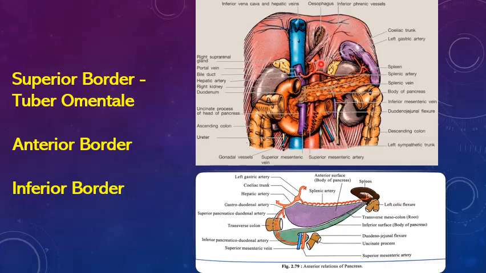From the abdominal aorta, this is the celiac artery, and from there on the right side we will see the hepatic artery, and on the left side we will see the splenic artery. So these are related to the superior border, and the anterior border is giving attachment to the root of the transverse mesocolon, and the inferior border is related to the superior mesenteric vessels, artery and vein. So these are the relations of the body.